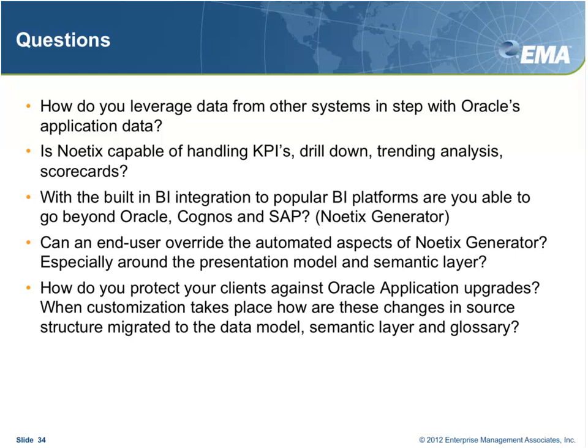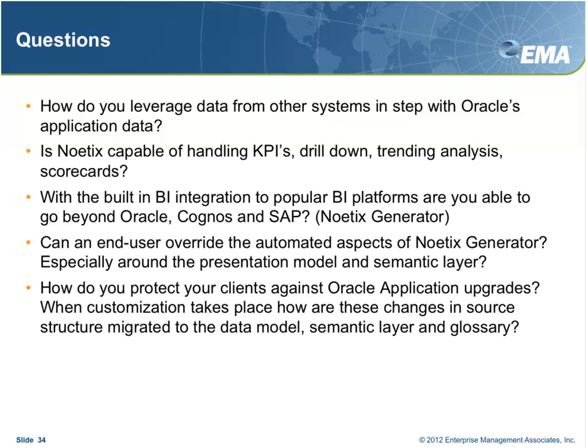So we have some KPIs defined in drill down definitions and links and drill paths and hierarchies defined, and snapshots defined to provide trending historical information. All of that comes packaged with the Noetics Analytics product, along with a metadata management tool that lets the customer add additional KPIs or calculations or hierarchies within our model.